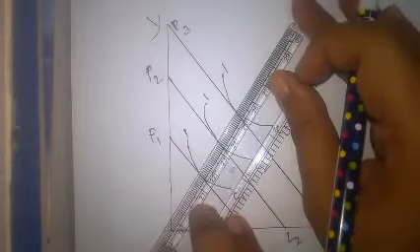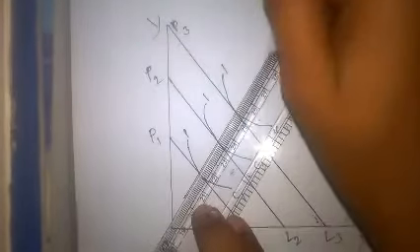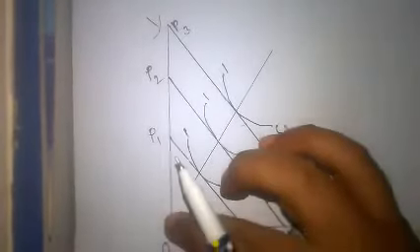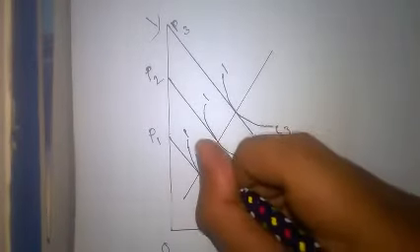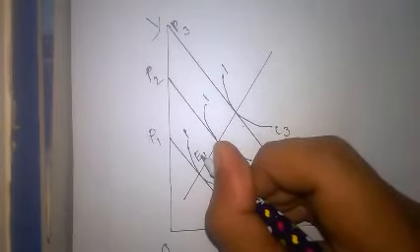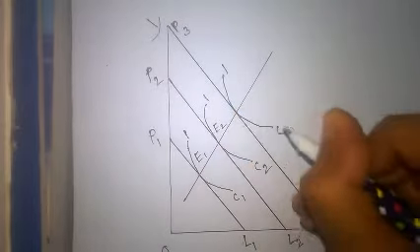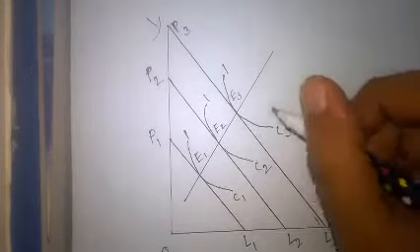You don't need to be accurate, okay? Just draw it roughly. Yes, so that's precisely what a curve will look like. So this is E1. E1 means equilibrium point 1. E2 means equilibrium point 2. E3 means equilibrium point 3.